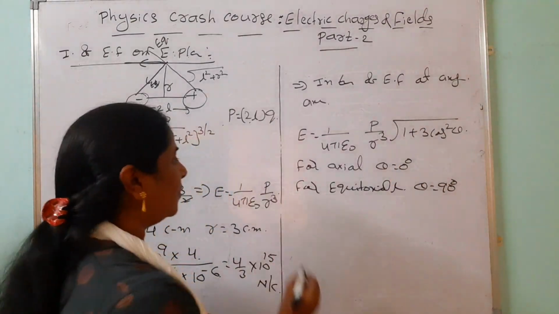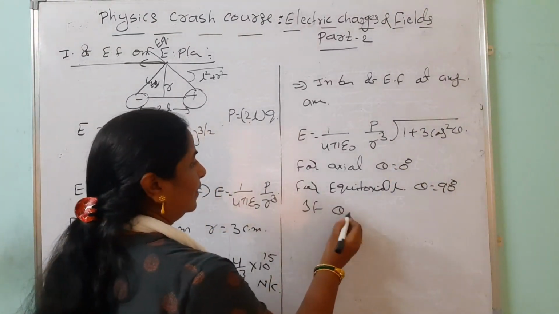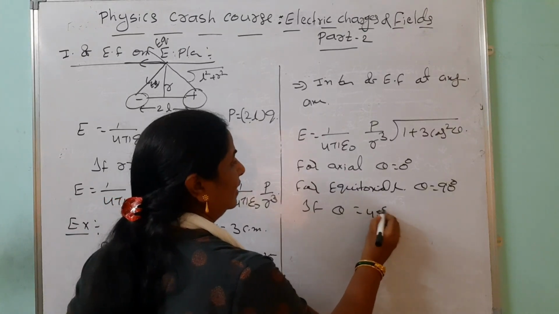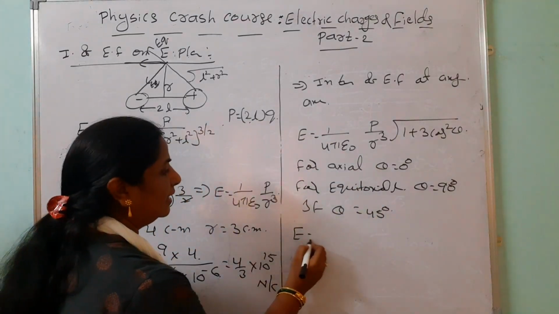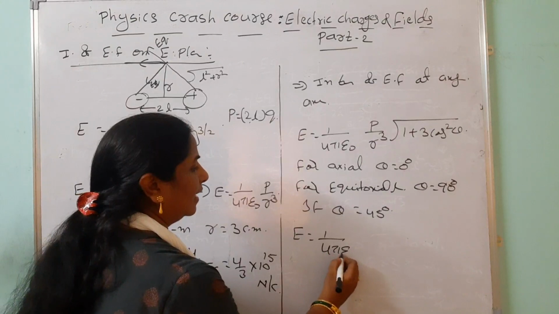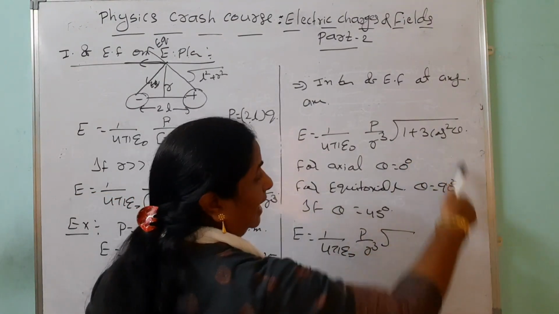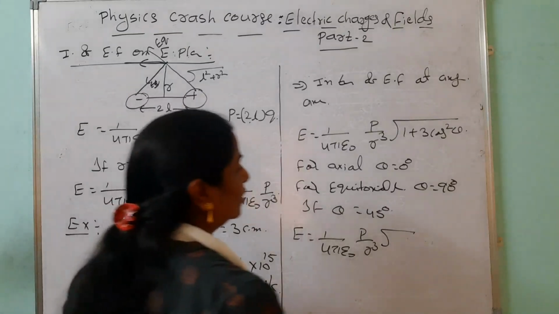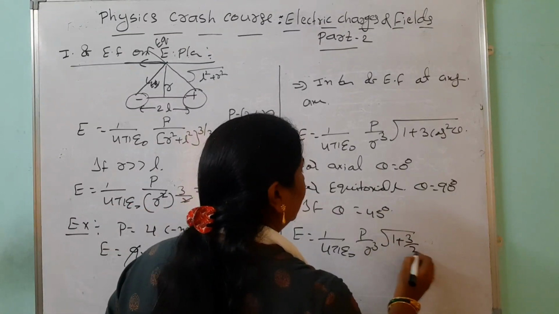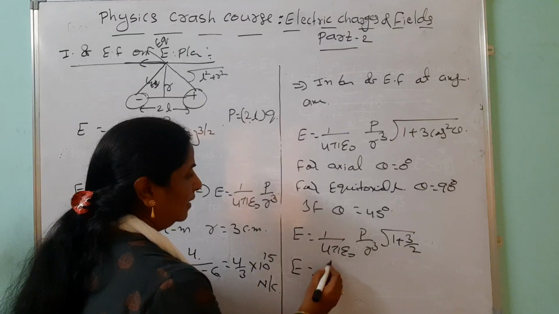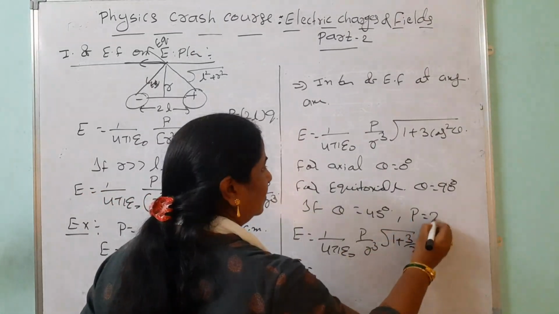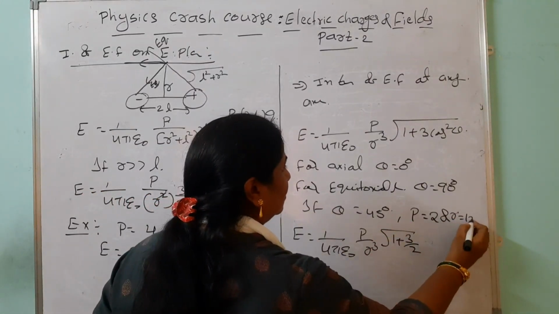Same like that, suppose theta equals 45 degrees. How to find the intensity? 1 by 4 pi epsilon naught, p by r cube, under root 1 plus 3 cos square 45, that is 1 by root 2 whole square, so 1 plus 3 by 2. After simplification, suppose here p equals 2 and r equals 1 meter.